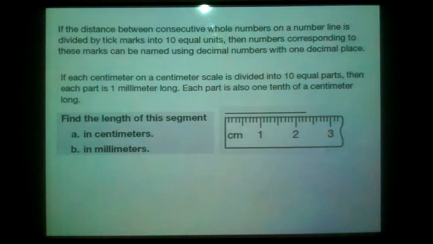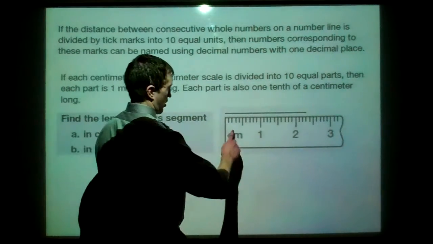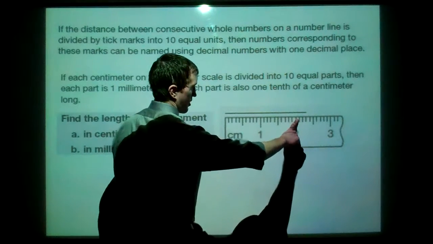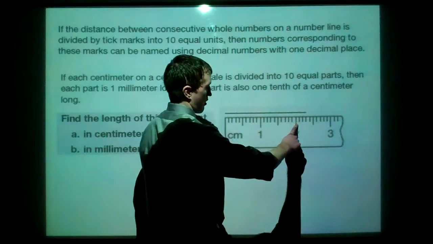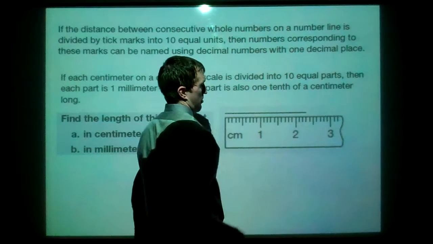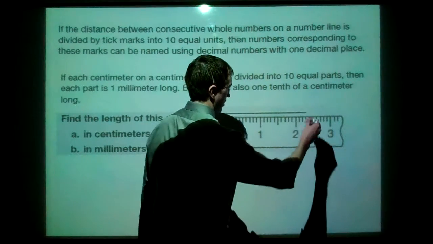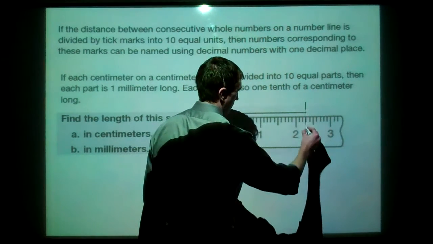So this first example says to find the length of the segment first in centimeters and then in millimeters. Let's take a look at it in centimeters first. We're going 1 centimeter, 2 centimeters, and then we're going to go over 3 millimeters. We're about right there.